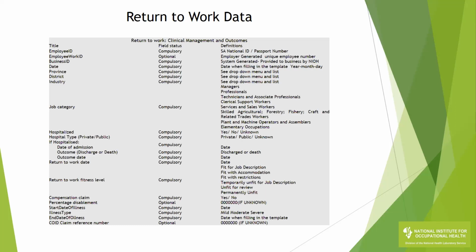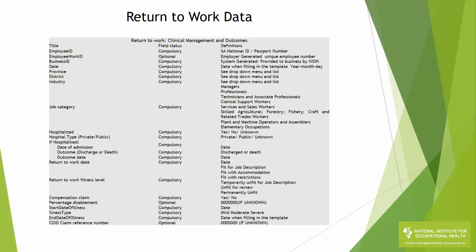And then the percentage disablement is an optional field. If unknown, you leave it as unknown, or you can even leave it empty. We also want to know the start date of illness. It's a compulsory field. This is also where we get a picture of how severe the illness was on this particular employee.